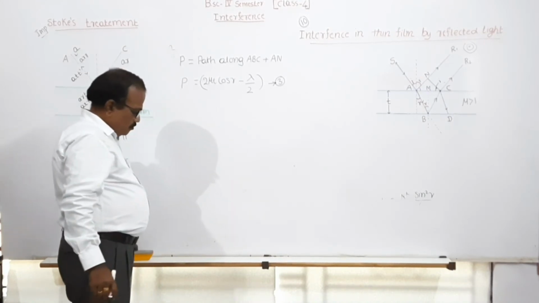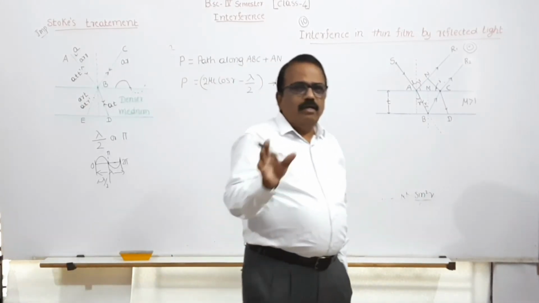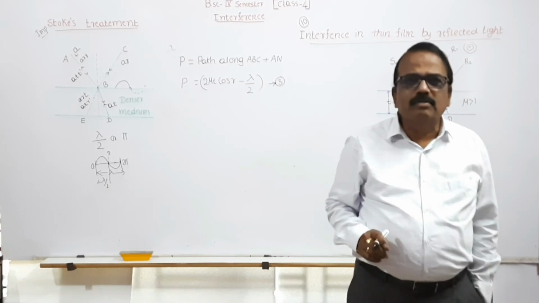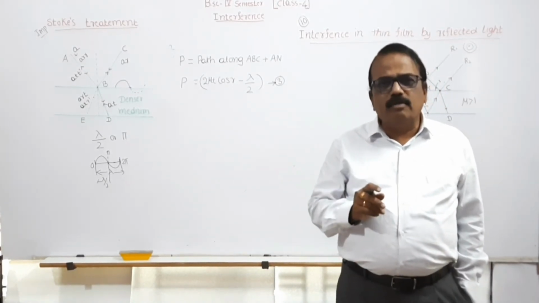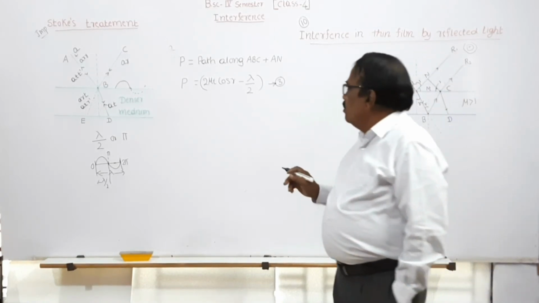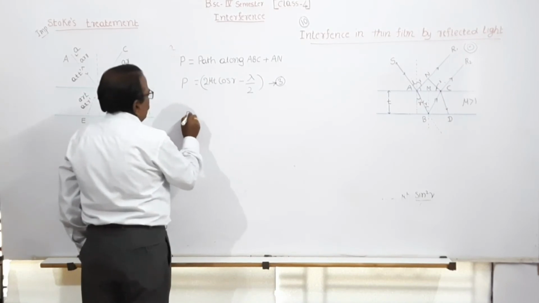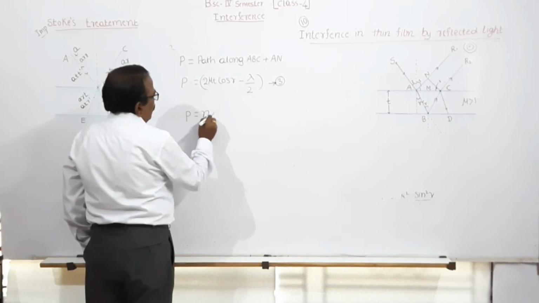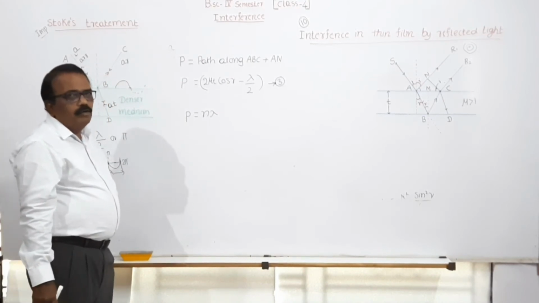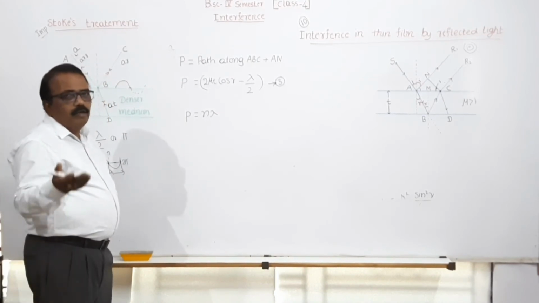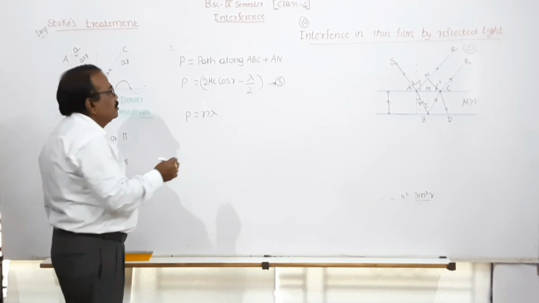Then you know that whether constructive interference or destructive interference takes place depends on the path difference. So if P is equal to n lambda, meaning path difference is equal to n lambda, bright fringes are obtained or it is constructive interference.